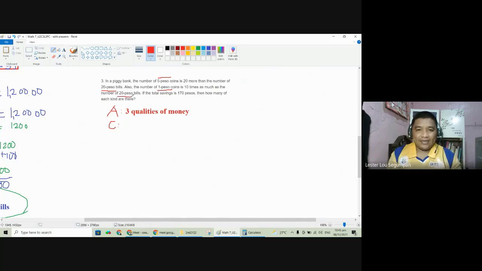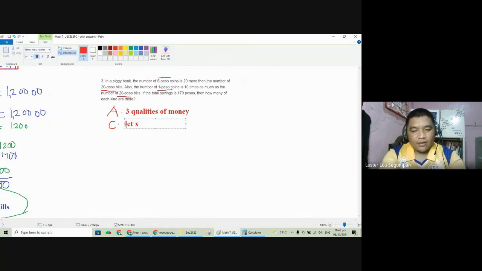To make it easier, we are going to assume the value of the variable for that type of money that is connected to the other two, which is the 20 peso bills in this case. So we are going to let x be the number of 20 peso bills.